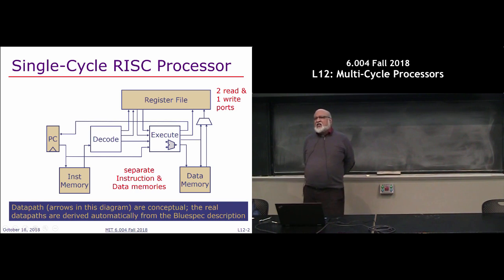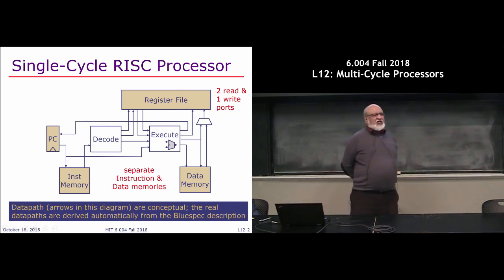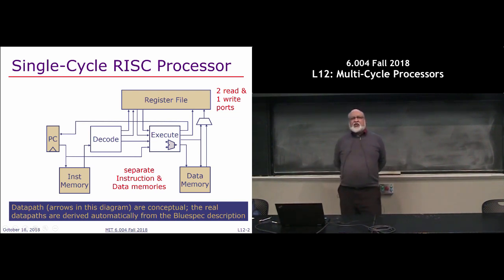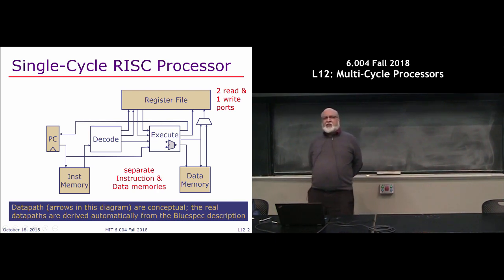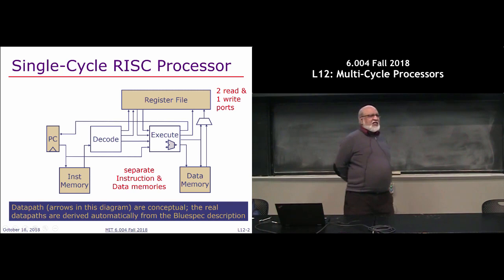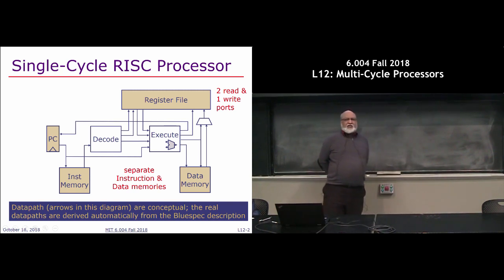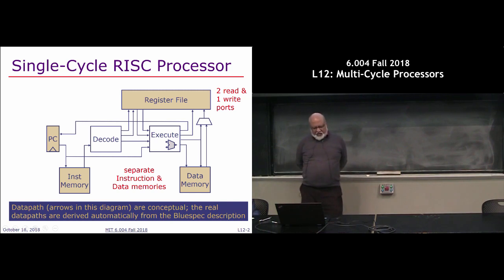They are just suggestive of the data path, and I will show you some examples of where the details are not being shown, because if I drew all the details, this picture would hardly convey anything. It gets too complicated, and if you build an even more complex processor, then these pictures really don't mean much. Fortunately for us, the real data path, how things are connected, is actually generated from the Bluespec code you write.